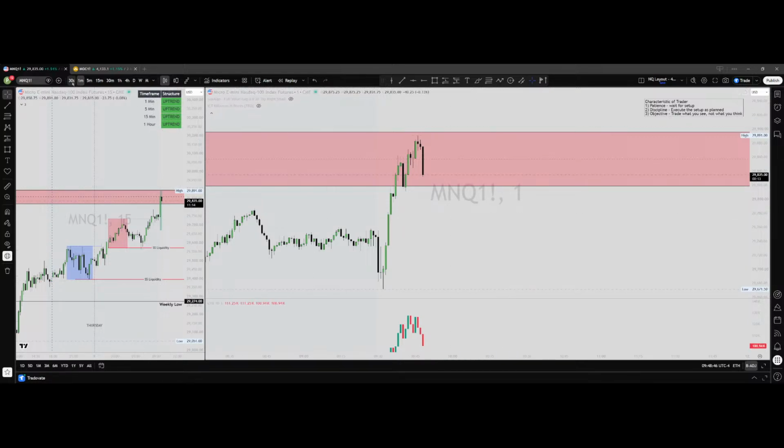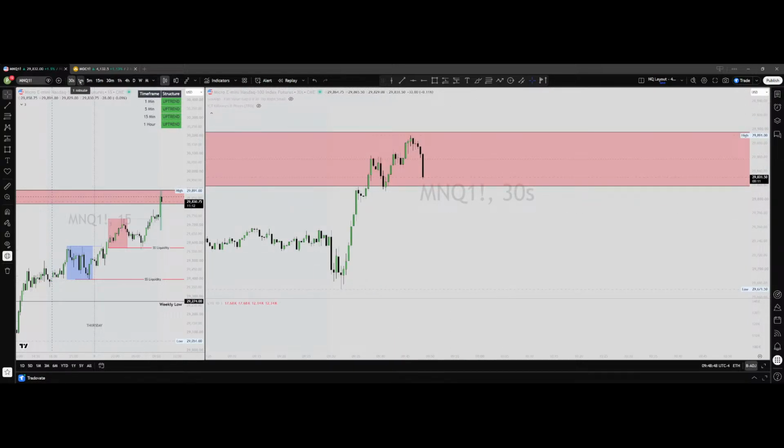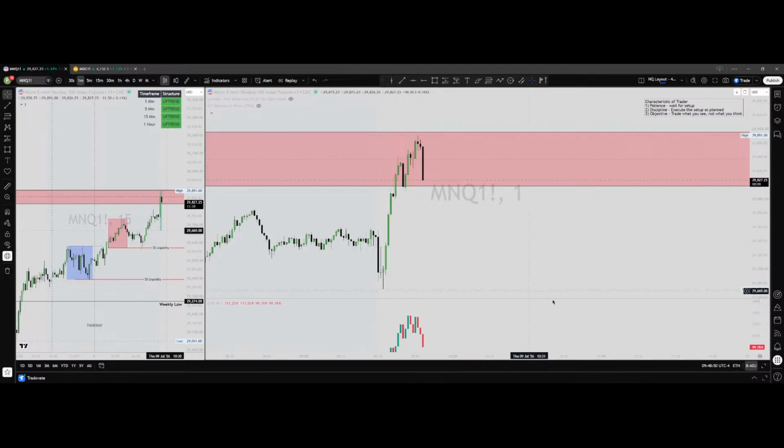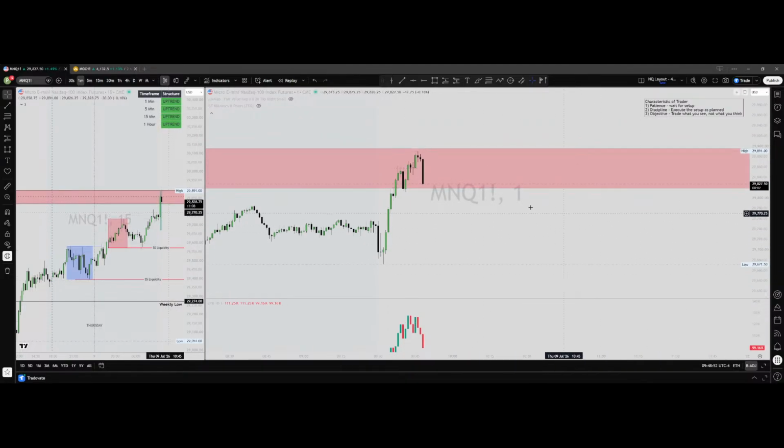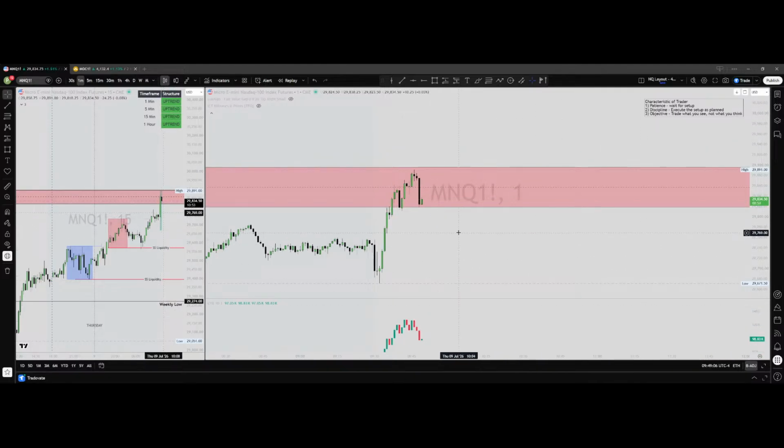If you watch it on the 30-second time frame, it's still the same thing. Liquidity sweep, V-shaped reaction. This is a 4-hour fair value gap, so it's not going to be that strong. I would say it's weak, but I would not say that it would not give any reaction out of it.